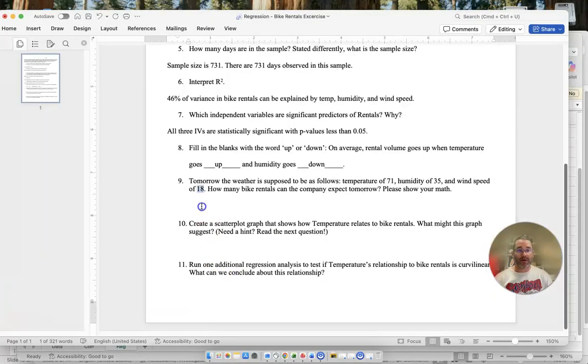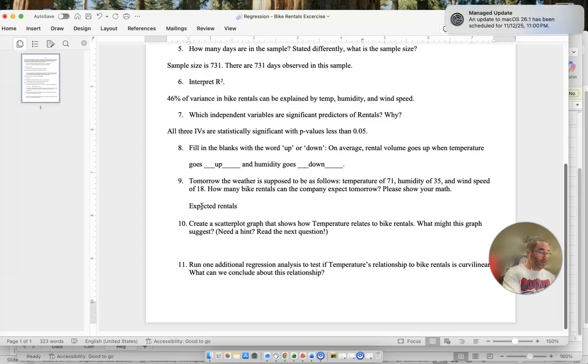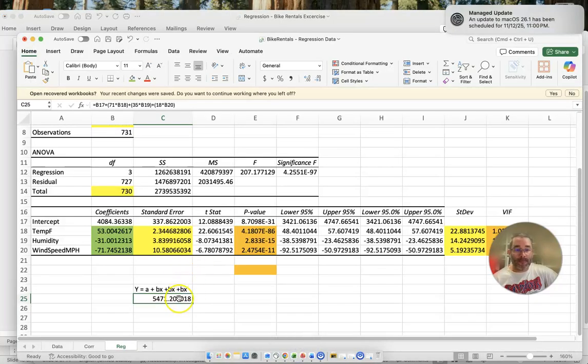I guess let me write that in first. Expected rentals tomorrow is 5,471, I think is what we determined. And so you can change these numbers and see just how powerful this equation is.